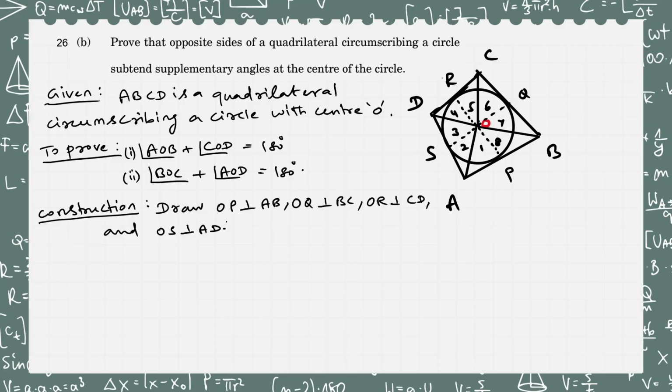Okay, now we are going to take two triangles and we are going to prove those two triangles are congruent to each other. What are the triangles we are going to take? Will be this OAP triangle, okay, and the other one I am going to take is this AOS triangle.